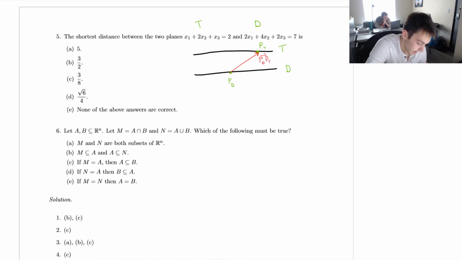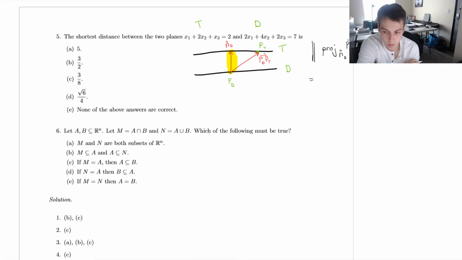And then we've got the normal of D. So we need to find the magnitude of the projection of that vector between the two points onto the normal. So we've got the magnitude of the projection of point D to point T onto the normal of D. Now we need to figure out two points on both of these planes.